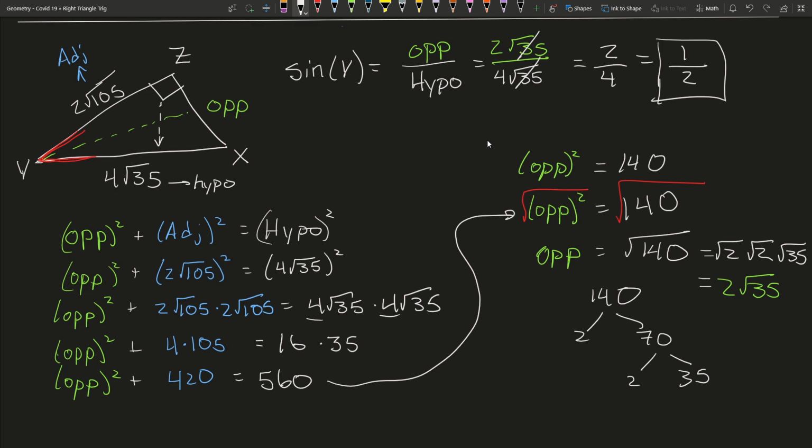All right. We don't want the opposite side squared, though. We just want the opposite side. Okay, so those are side lengths. We don't want the side length squared. We just want the original side length. All right, so right here, this isn't the opposite squared. It's just the opposite.